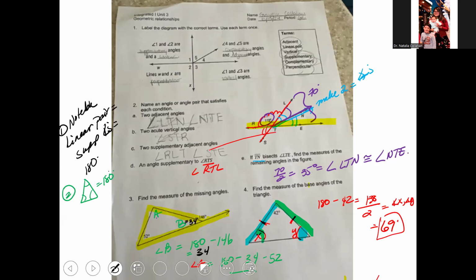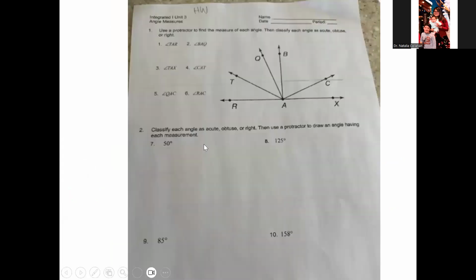All right. Next one. Let's go on to the next part. Use a protractor to find the measure of each angle, then classify each angle. Well, do you have a protractor at home? Do you have a protractor in your binder? Like, how does she expect kids to do that if you guys don't have a protractor? She gave us protractors in class.